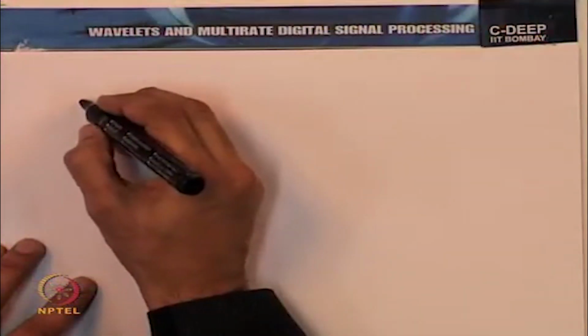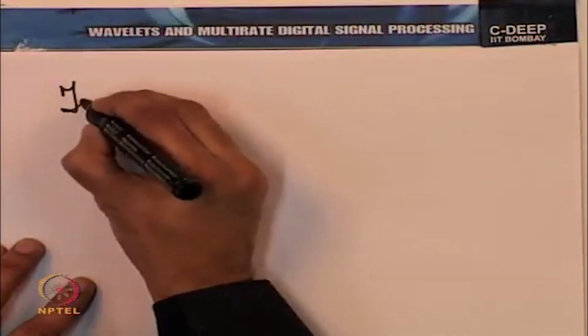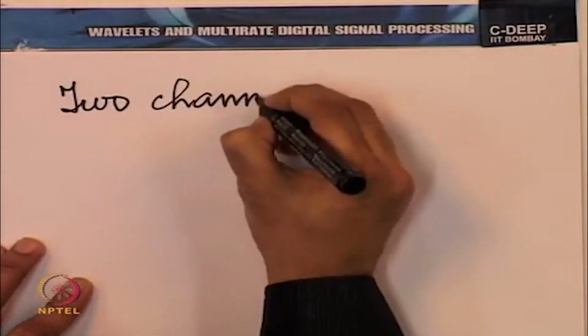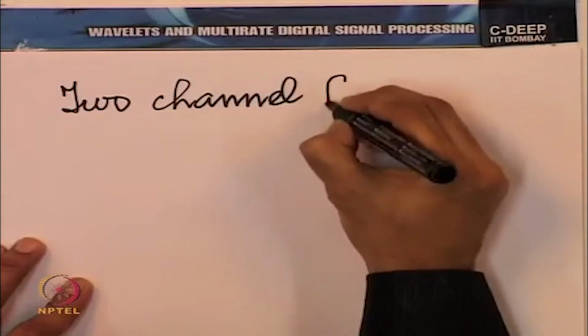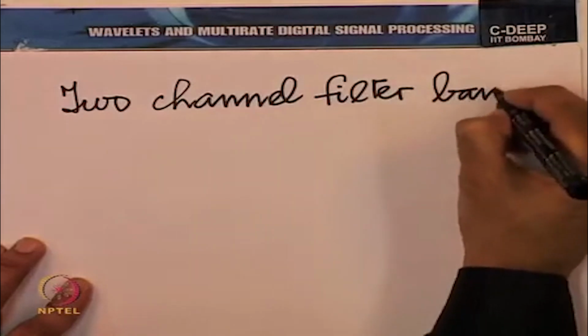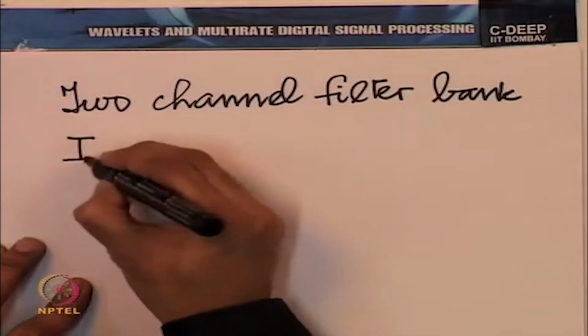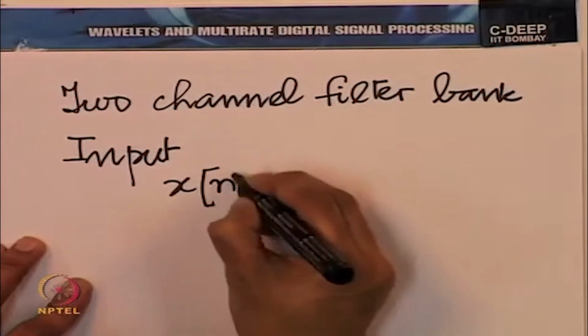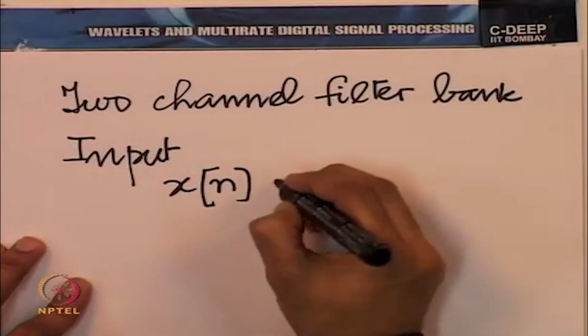We said, a two channel filter bank, input x n, its Z transform.